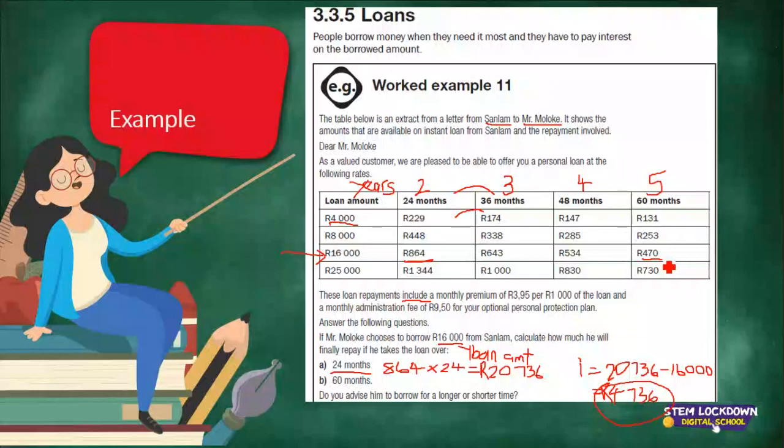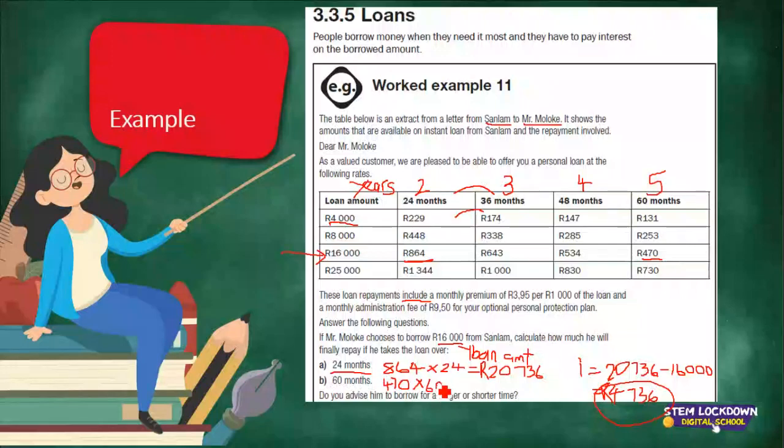So in this case, I'm still waiting for your answers, learners, but I guess maybe there are technical glitches from your side. Okay, so in this case, the monthly premium is 470 times how many months is he paying? He's paying this 470 for 60 months, so times 60.